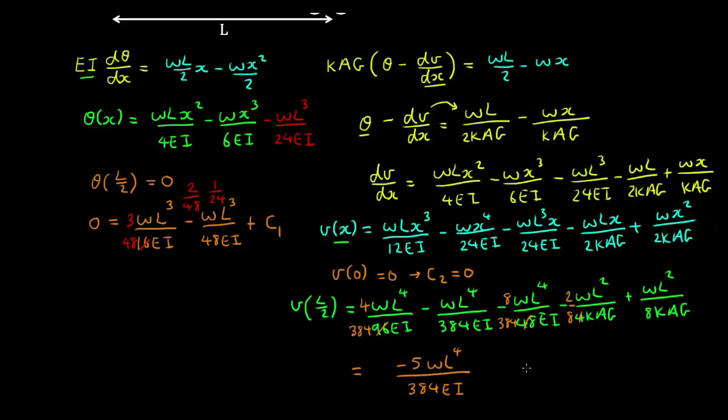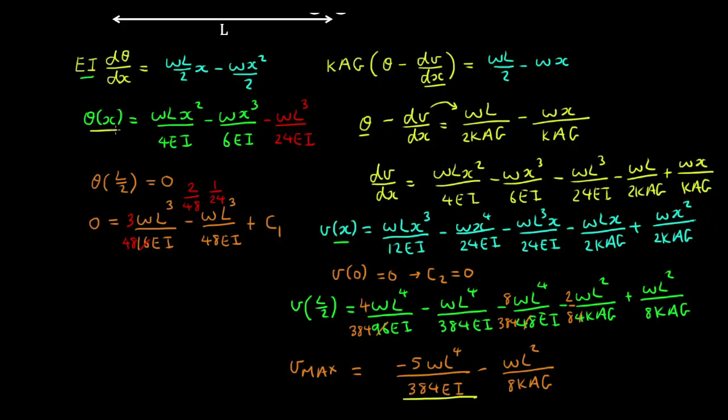And then minus 2 plus 1 is minus WL squared on 8 kappa Ag. And this here is the maximum deflection of the Timoshenko beam. With this component here is the deflection given by the Euler-Bernoulli beam, which doesn't account for shear deformation.